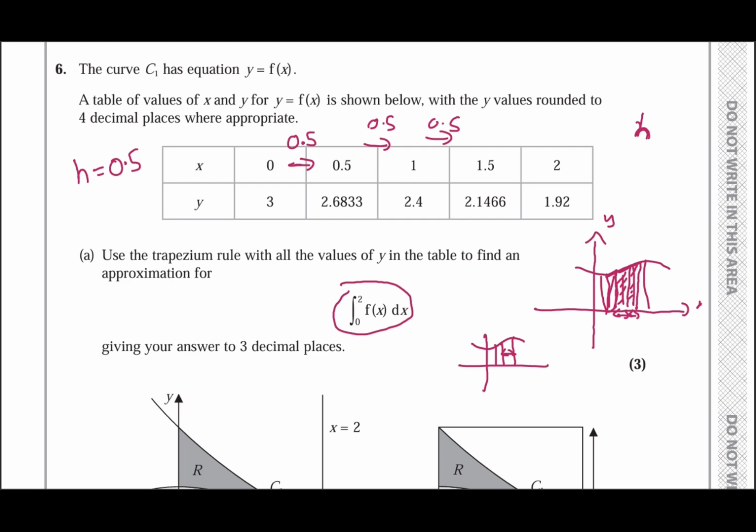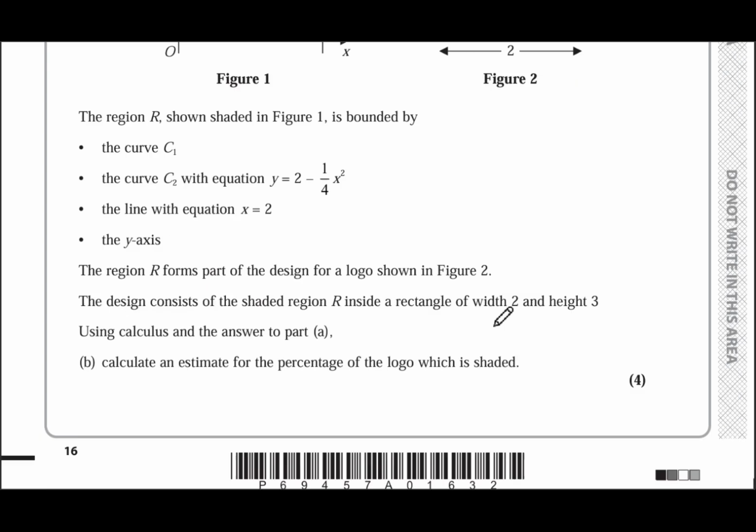Now we have our trapezium rule. The integral of f(x) is equal to h over 2 multiplied by y0, which is my initial y value, plus 2 times y1 plus y2, and it goes on until the one before the last.